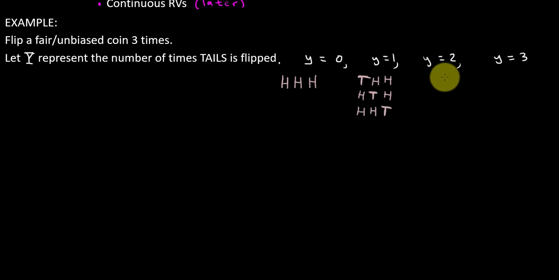Let's go to 2 tails. Two tails, that can be heads, tails, tails. I'm basically going to do the flip of what we got here. Two tails, which is one head. That one head could be on the first flip, on the second, or on the third.